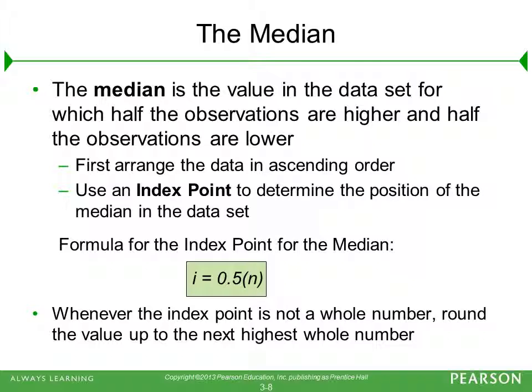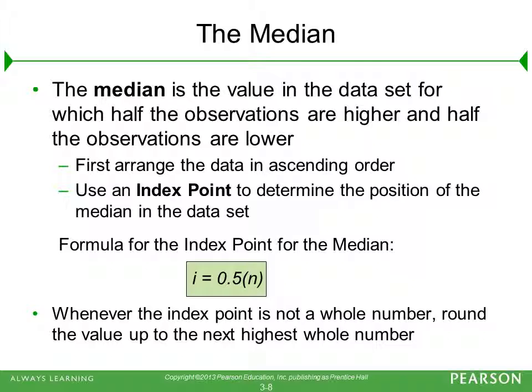The median is also the midpoint of the data. And this midpoint you get after you have organized all the values in ascending order. You pick the middle value. So the formula for the median is 0.5 times n, where n is the number of observations.